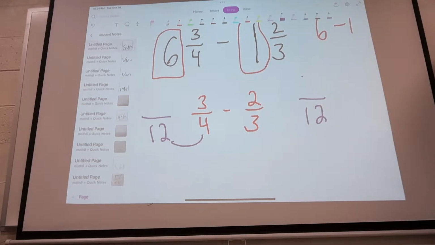Let's do this. What are you doing? Stop. Why are you doing 4 times 15? 10 times 15 is 150. 4 times 4 is what? 16. Multiply. 16 into 150. Divide that.